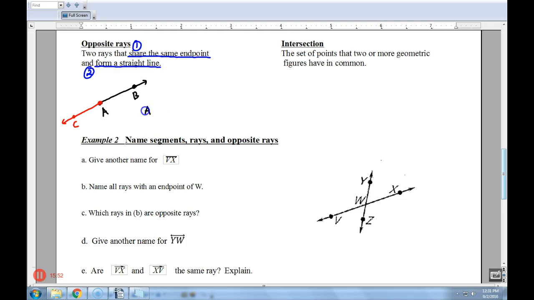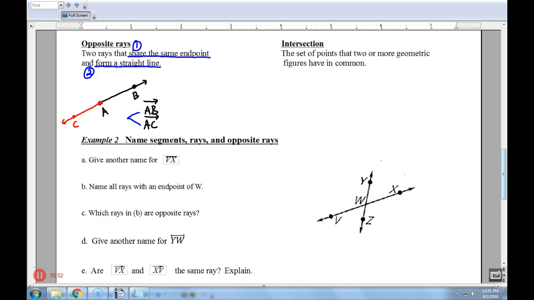And if I had to name them, I would say ray AB and ray AC. Notice the A's line up on the left-hand side because they share the same endpoint. So I can visually look at it really quick and say, hey, these share the same endpoint. They both start at A.